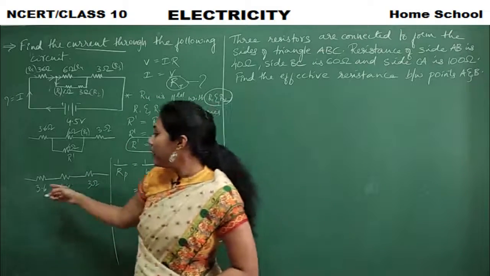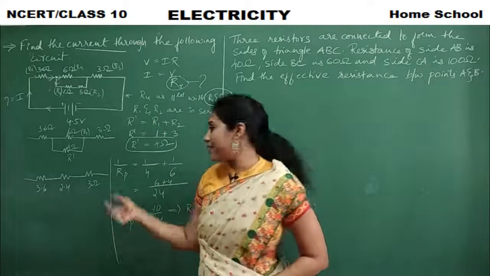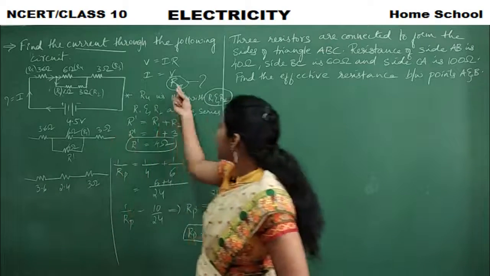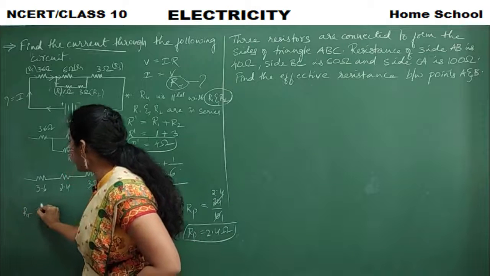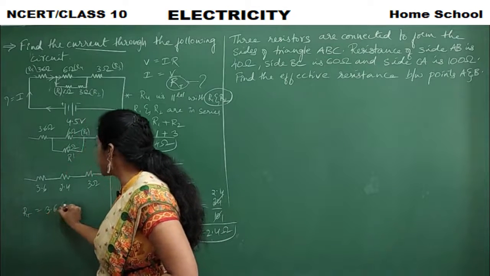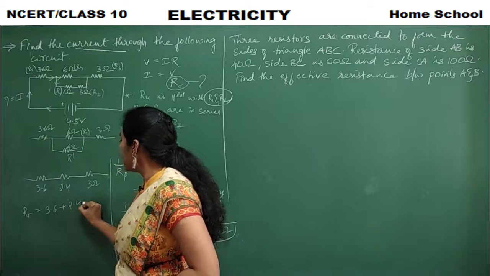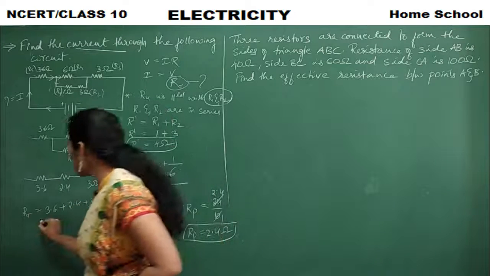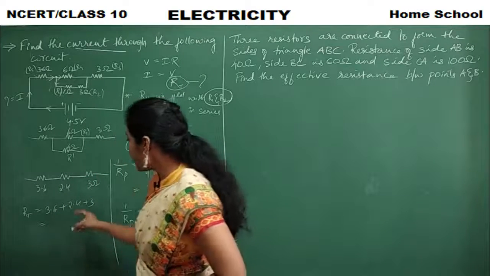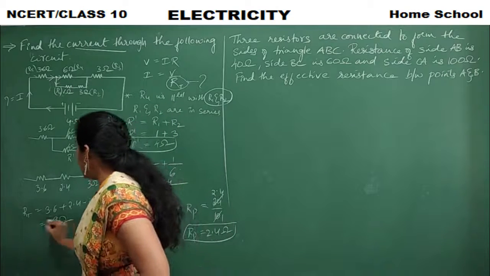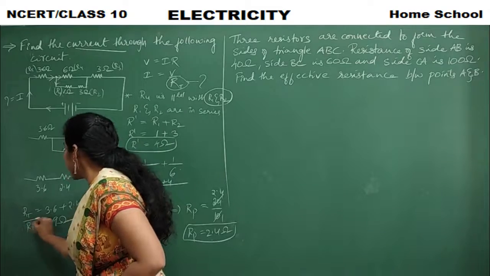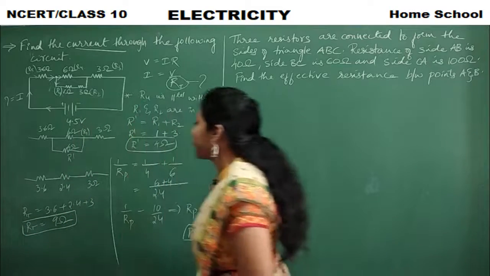So if you combine the series resistors, you get the total resistance. Yes or no? So what is your total resistance? RT is equal to 3.6 plus 2.4 plus 3. So how much do you get? 3.6 plus 2.4, that is 6. 6 plus 3, 9. 9 ohms you are getting. Total resistance is 9 ohms.